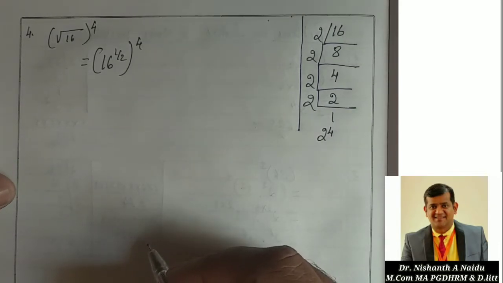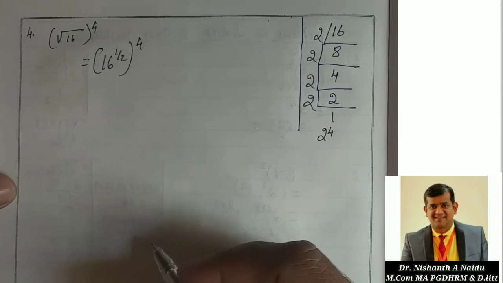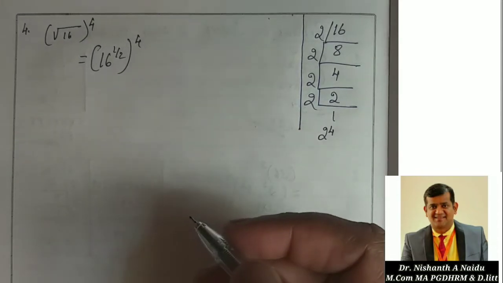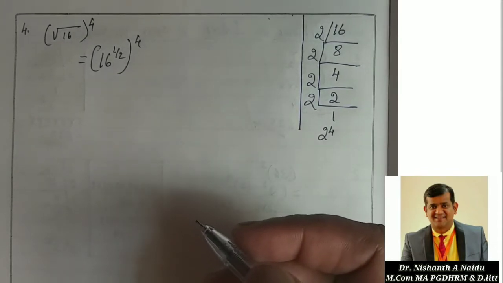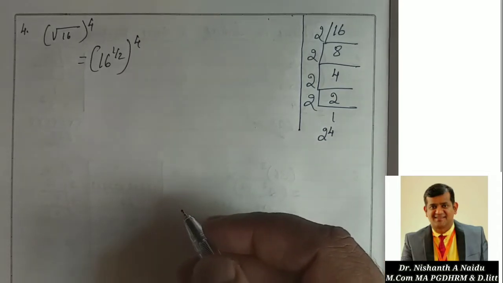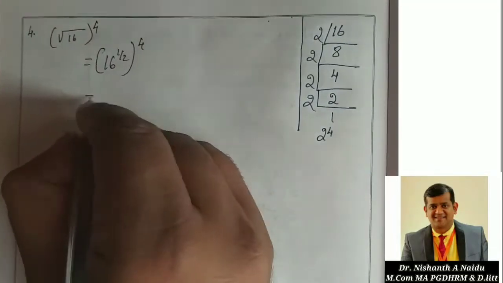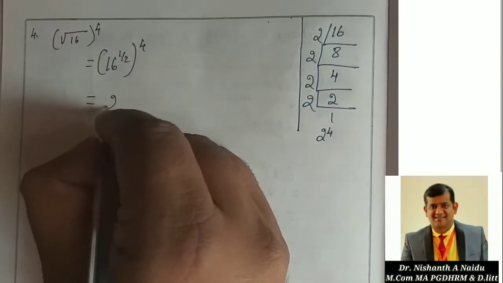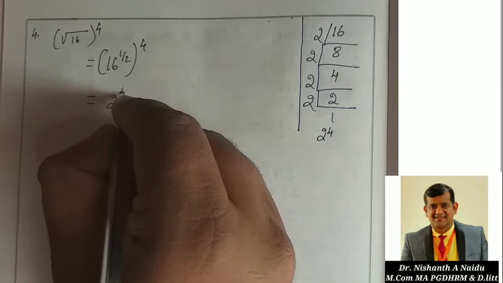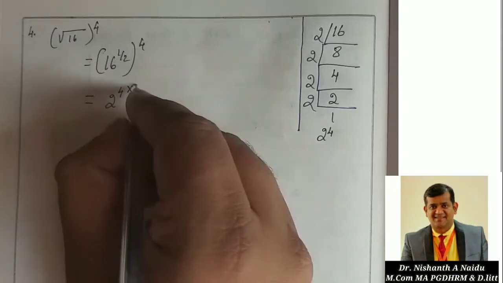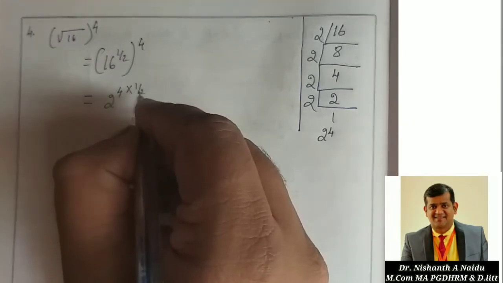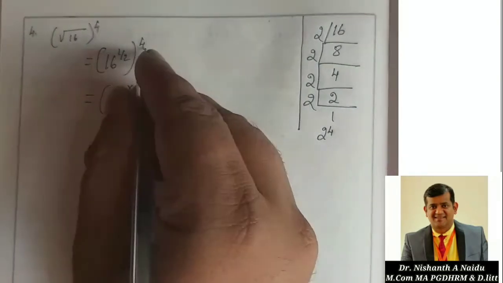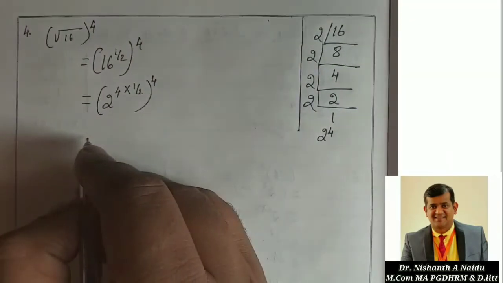If you convert that value into 2 to the power of 4, you can say 2 to the power of 4, with the 1 by 2 remaining, whole power 4.